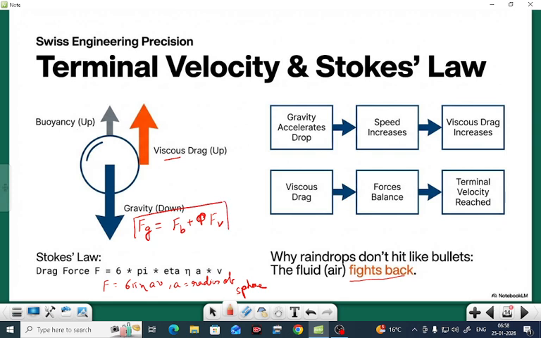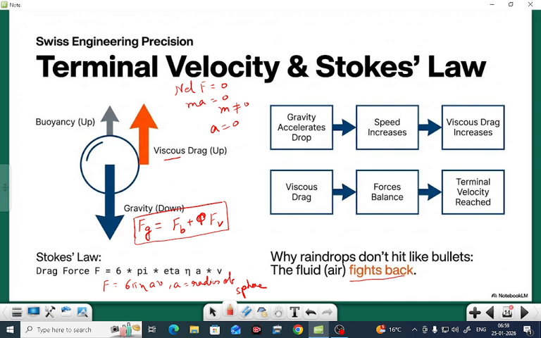At a particular point we get the terminal velocity, when the net force is 0. Net force equal to 0 means m into a is 0. Since m is not equal to 0, acceleration is equal to 0.